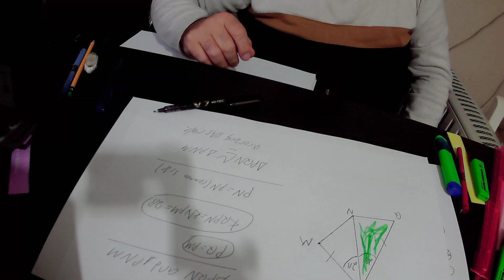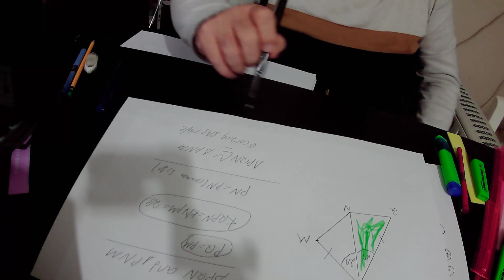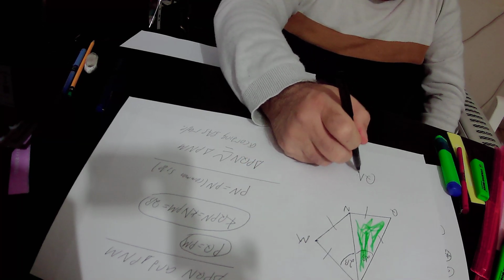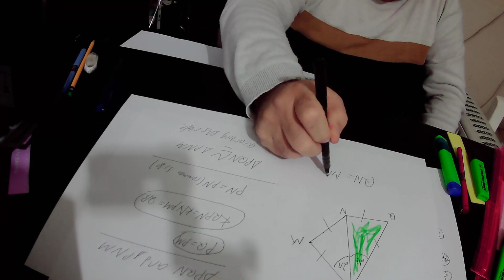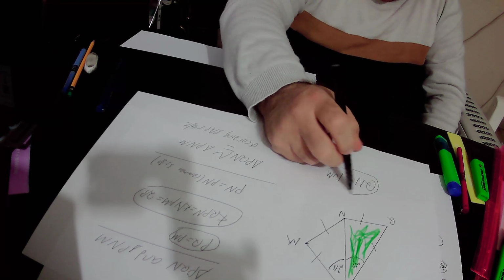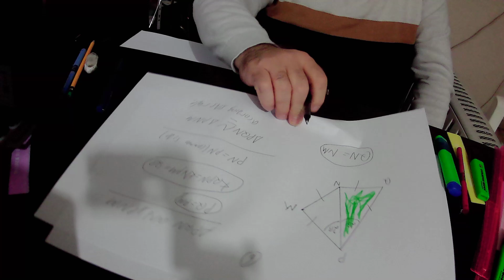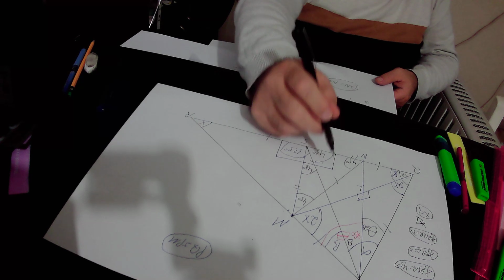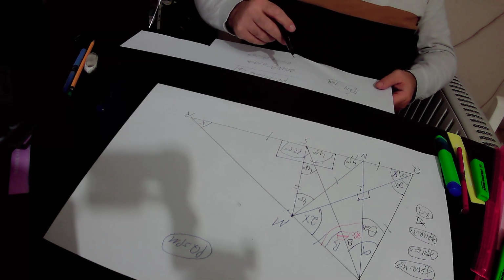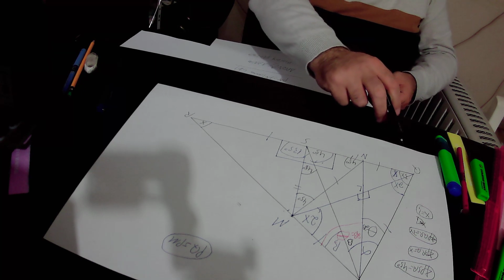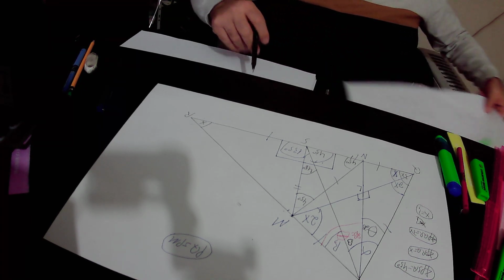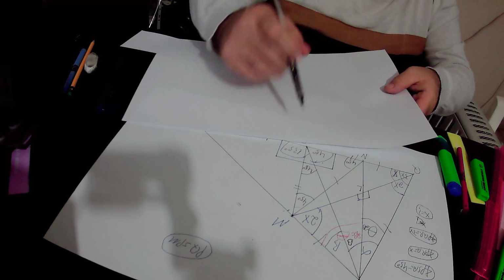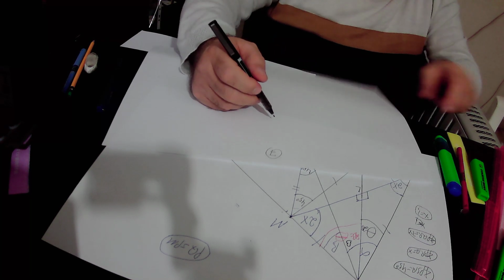And from the fact that those two triangles are congruent to each other, we will conclude that QN is equal to NM. QN is equal to NM. So I will copy again the triangle QMN. I will copy it here. The triangle QNM.